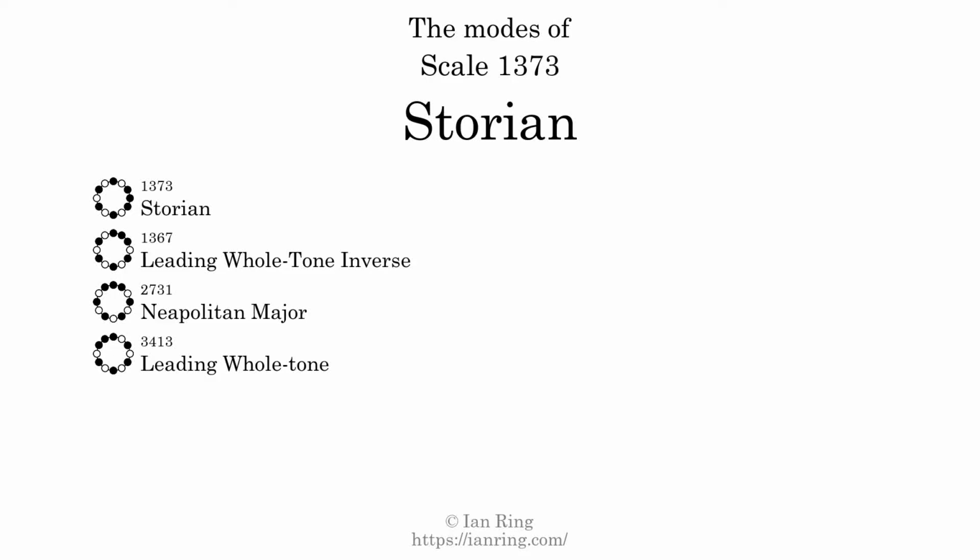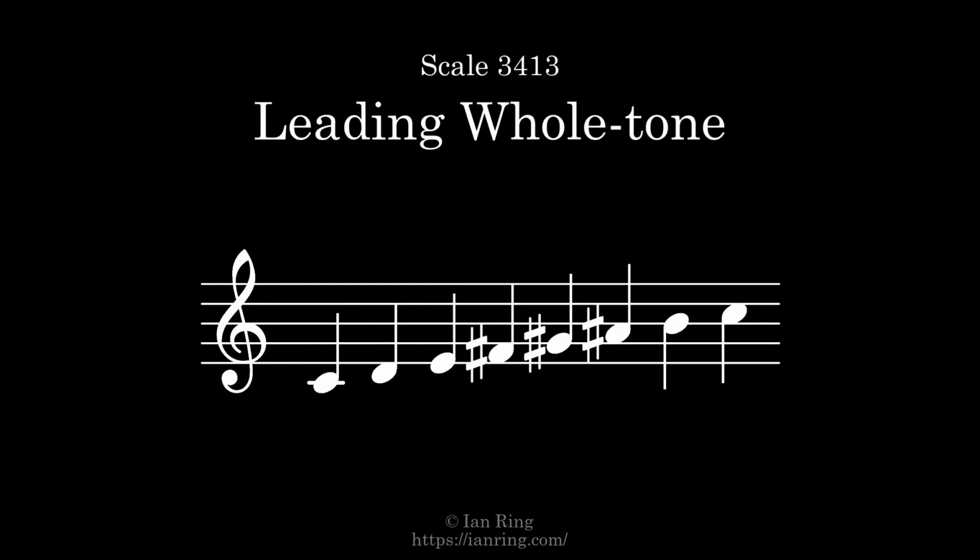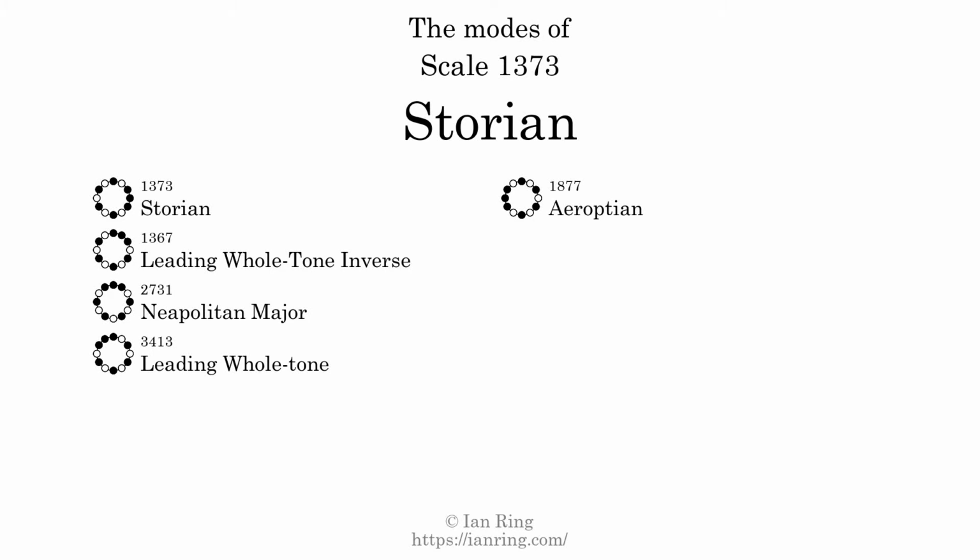The fourth mode is scale 3413, also known as leading whole tone. It sounds like this. The fifth mode is scale 1877, also known as eruption. It sounds like this.